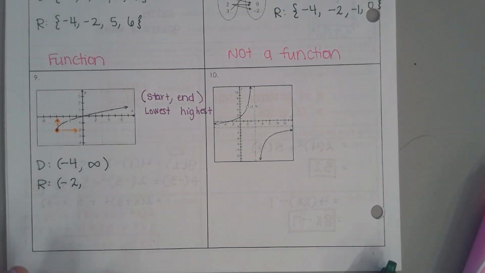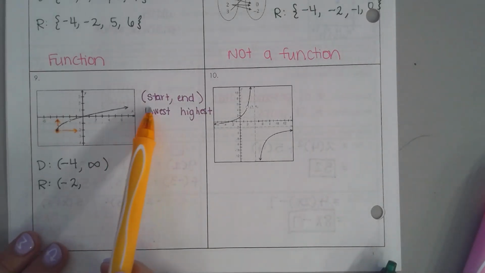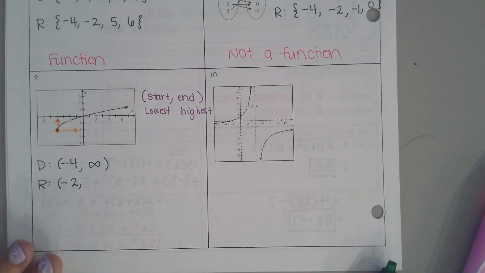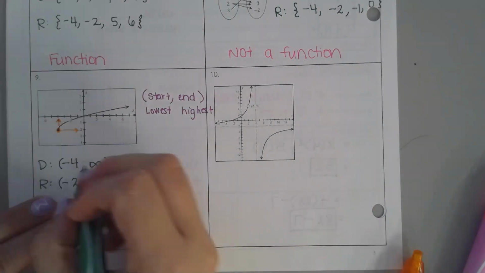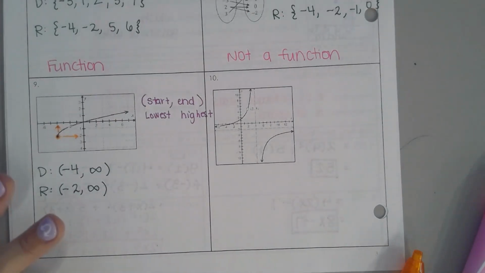It is infinity. So it looks like this is just going to go sideways, but it's really angled up very slightly. So it is infinity. Unless it's clearly a flat line, you can assume that it goes up.